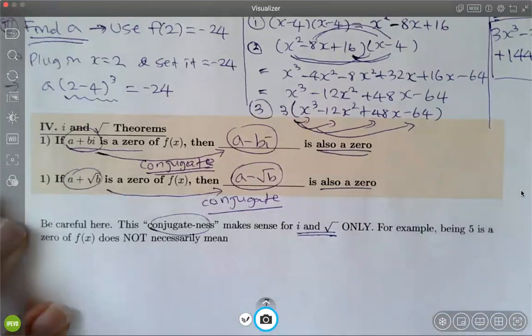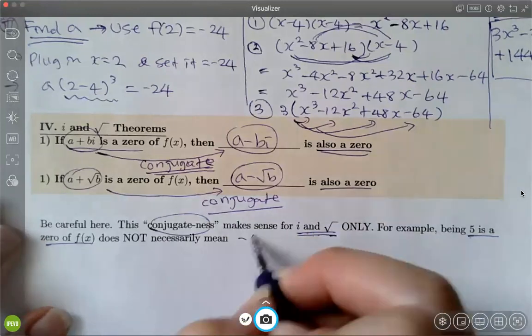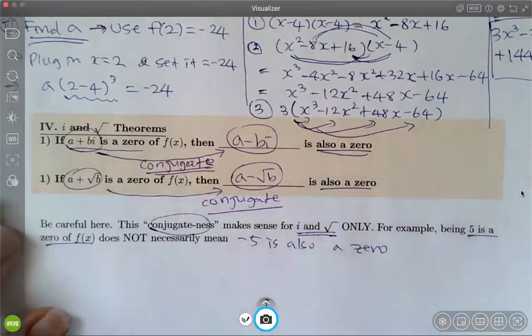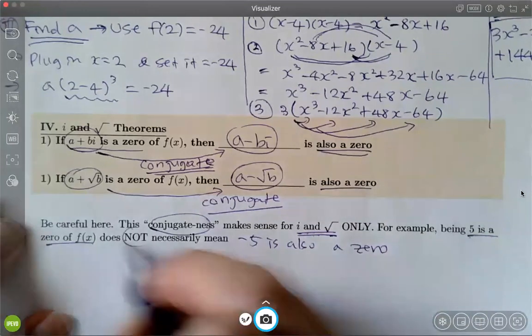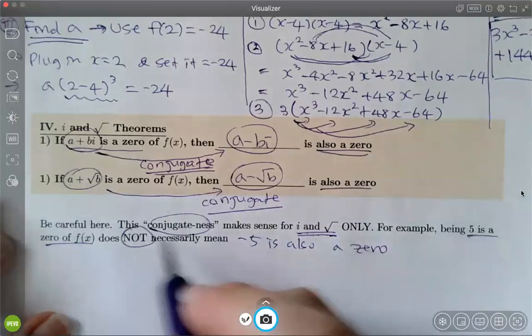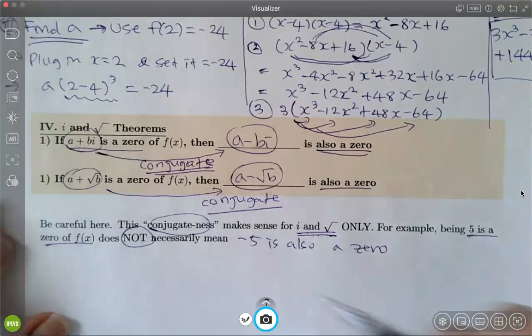Now, what does that mean? For example, suppose 5 is a 0 of f of x. Does this mean -5 is also a 0? Because when you switch the sign of 5, you get -5. And the answer is no, okay? This conjugateness does not apply to whole numbers.